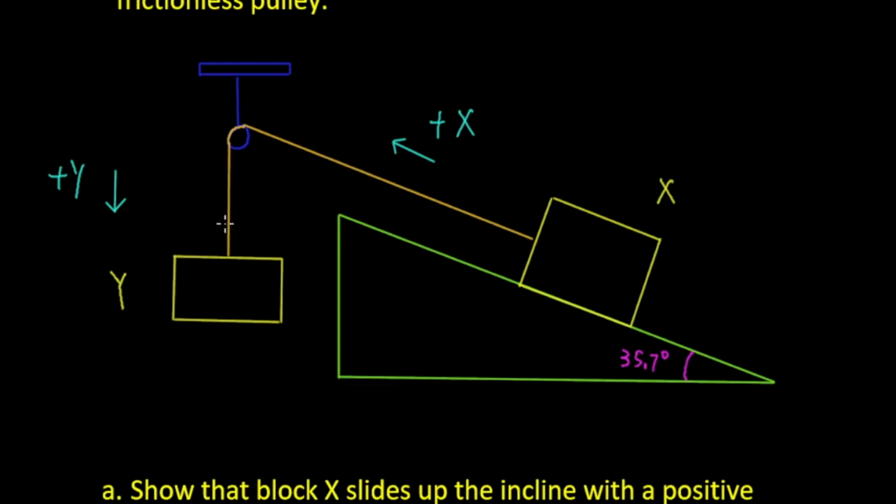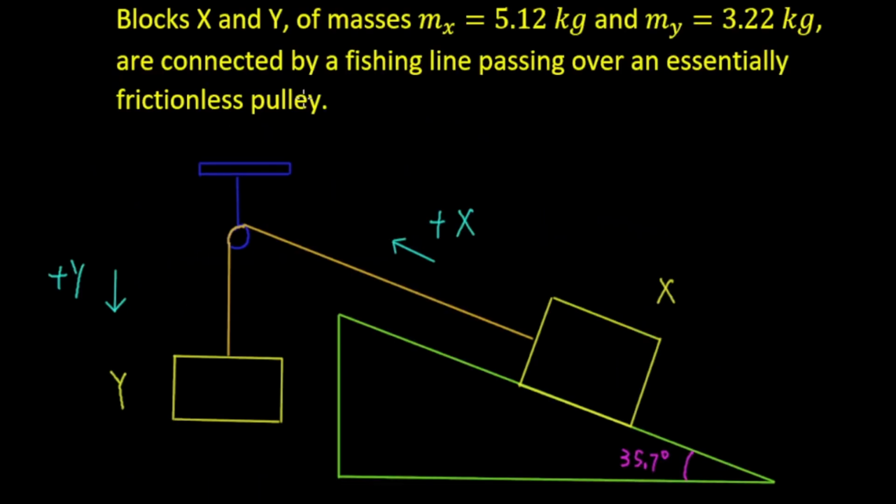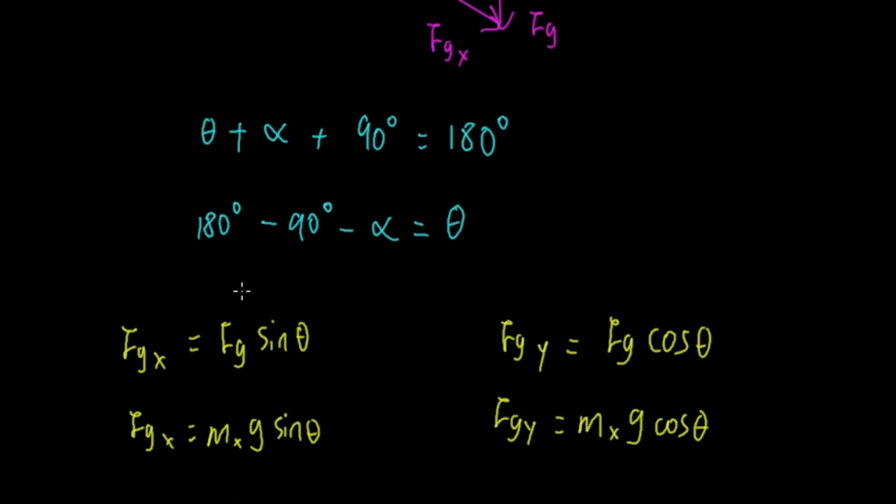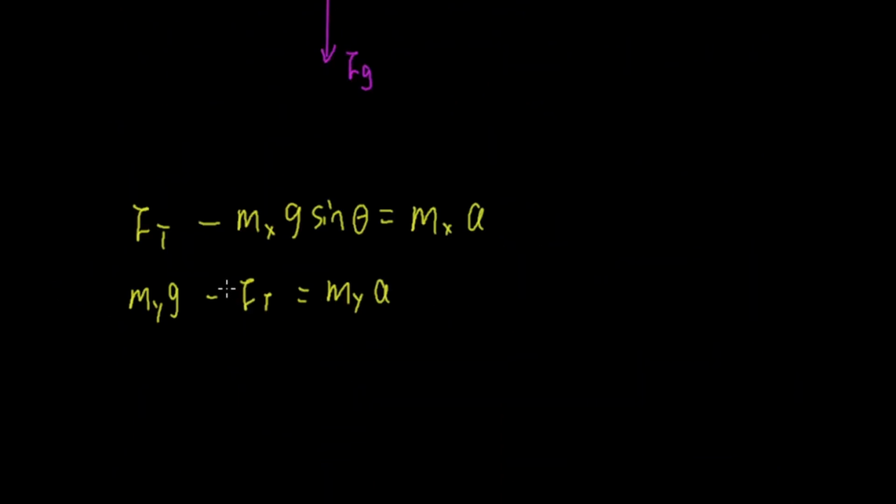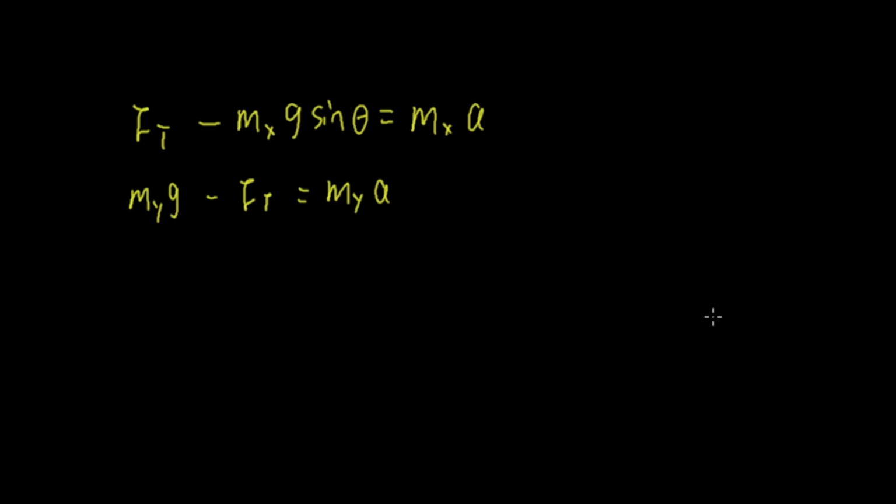So the tension here is the same as the tension here, right? Given that this is a frictionless pulley. So that means we can say that f sub t here is the same as f sub t here. Okay? Then, now we have a system of equations.